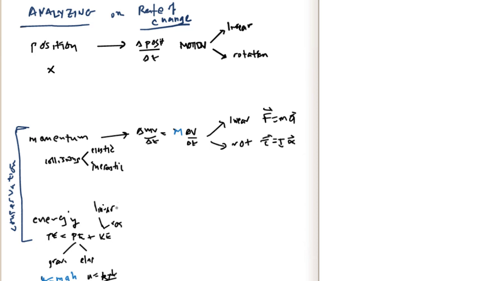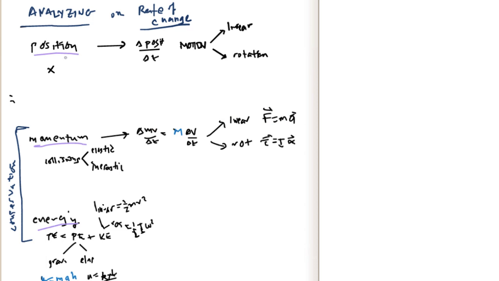Linear being 1/2 mv squared, and rotational being 1/2, where the mass equivalent in rotation is the rotational inertia, and v squared is replaced by omega squared, the angular velocity. This is totally unreadable, but what I'm trying to do is give you an organizing frame so that you could see how all of this class fits together.